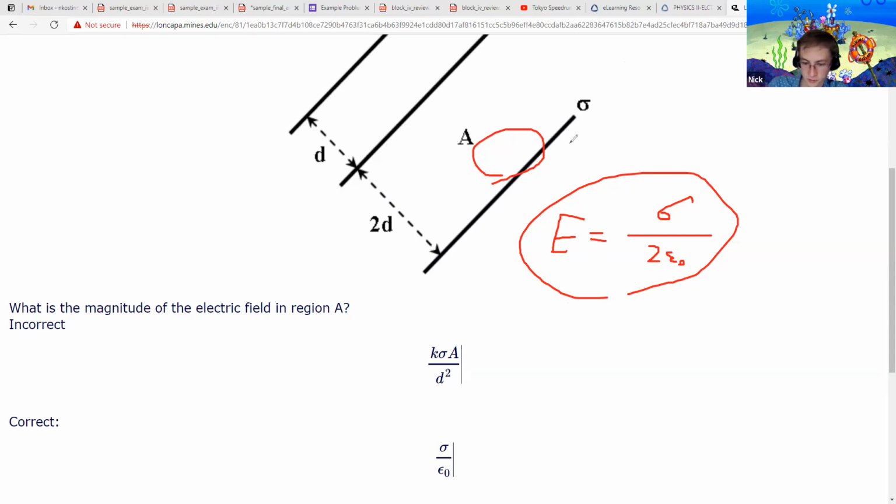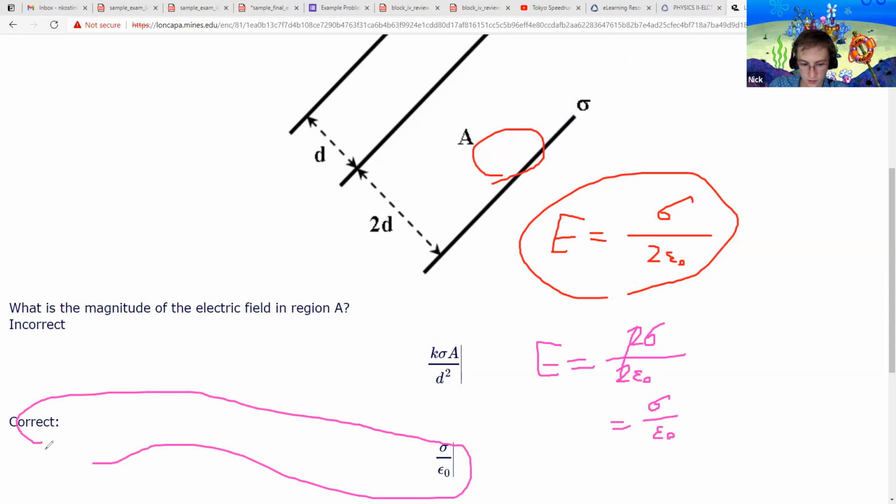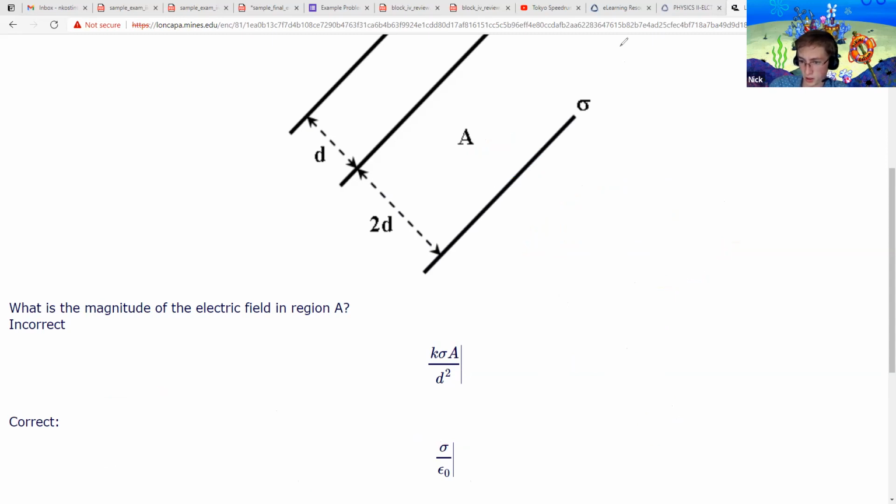I'm just going to pretend it's +2 sigma. So I have E equal to 2 sigma, and again, distance doesn't matter, so over 2 epsilon naught. The 2's are going to cancel, so I have sigma over epsilon naught, which looks like what it wants from me. That was sort of quick, but did that make sense? James? Cool.